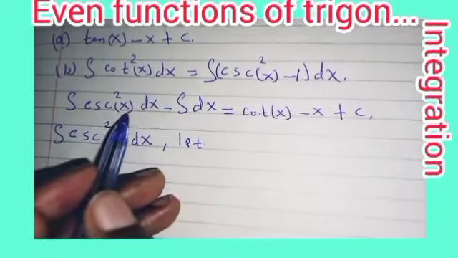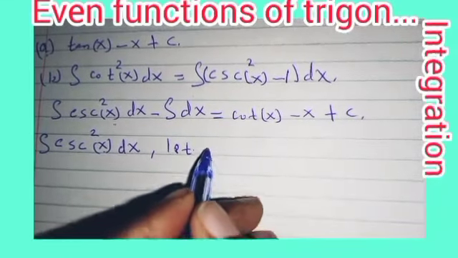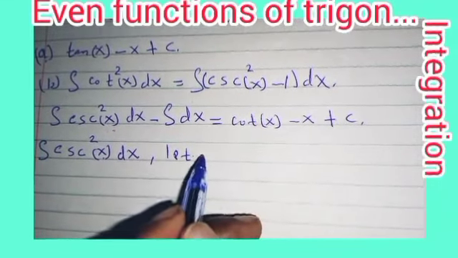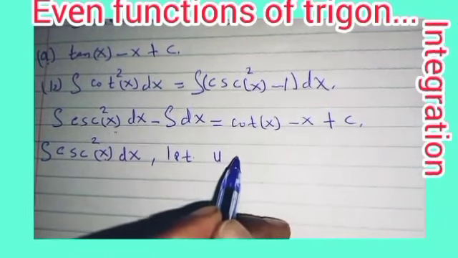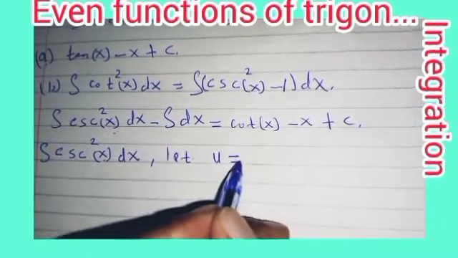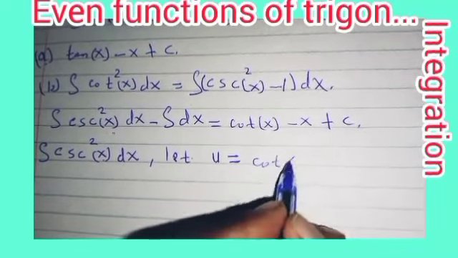Actually it is important because it has your hand here. Maybe you are wondering how you obtained this. We let u be equal to cot of x.